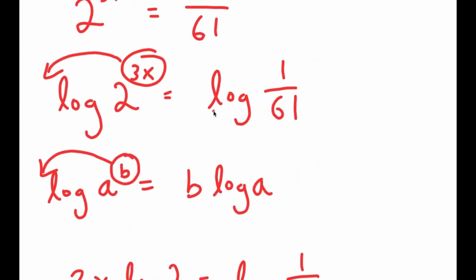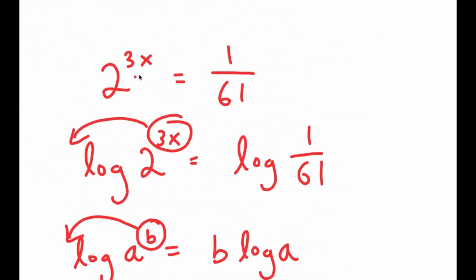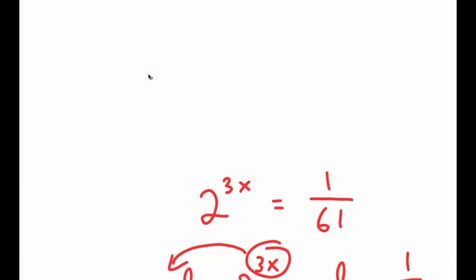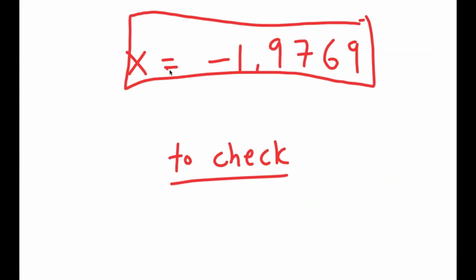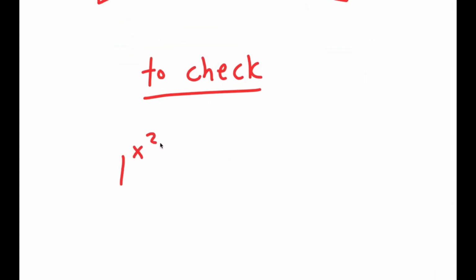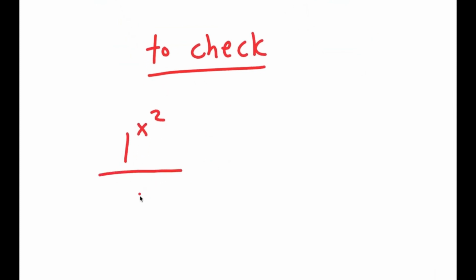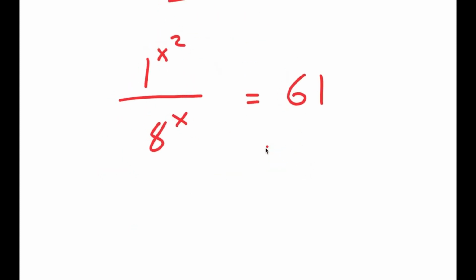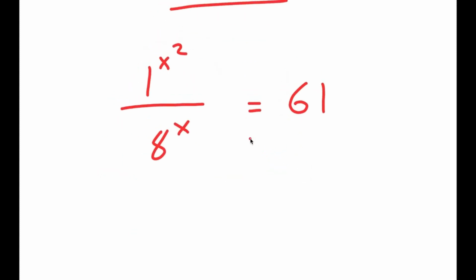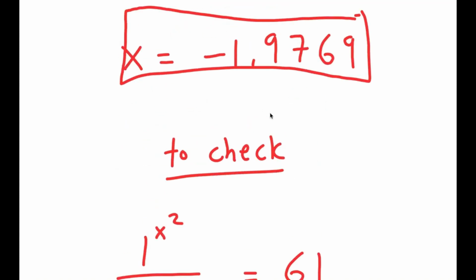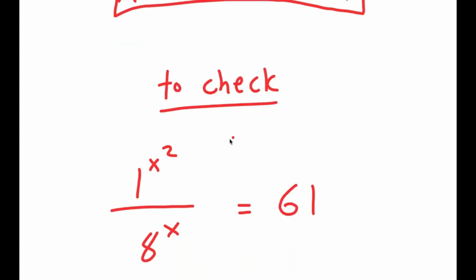So let's go back to our original equation, which was 1 to the power of x squared over 8 to the power of x is equal to 61. So this was our original equation. And our solution is right here, negative 1.9769. So I'm going to actually go ahead and plug the solution in here.